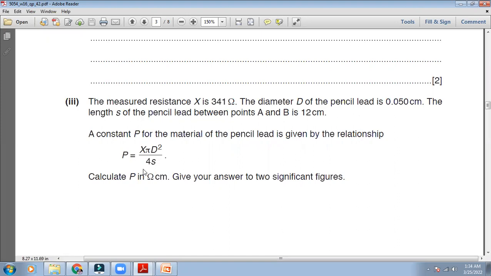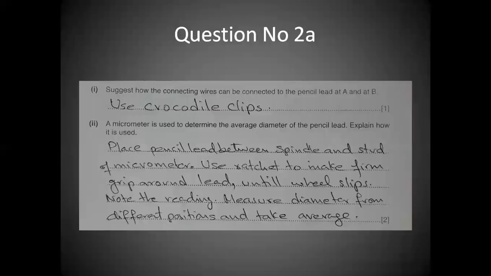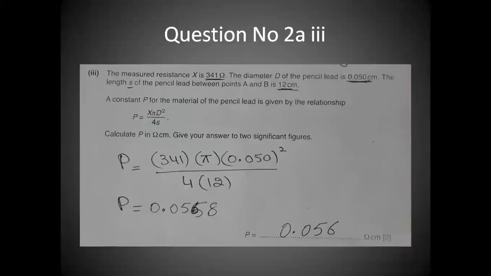You just have to put the values here. The X value is 341 multiplied by pi multiplied by 0.050 squared, divided by 4, divided by 12. So you will get the answer. Let me show you how this is done.